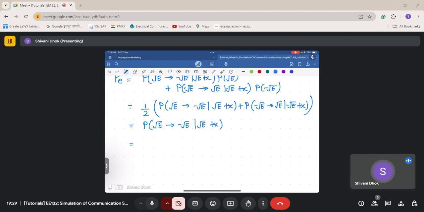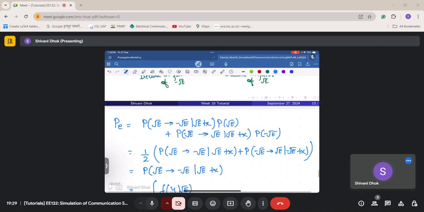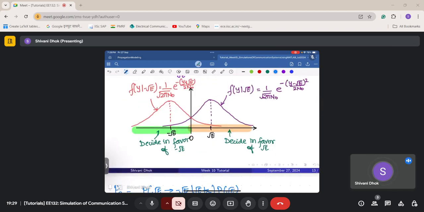So we integrate the conditional probability of y given root e was transmitted over the region where you detect minus root e. And where do you detect minus root e? You detect minus root e from minus infinity to 0 in this region.